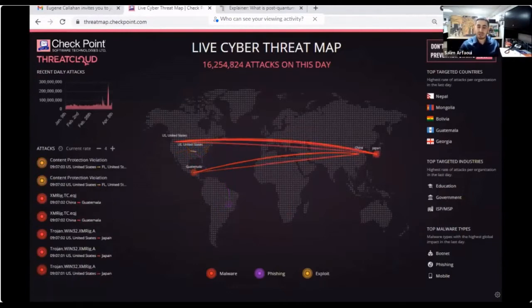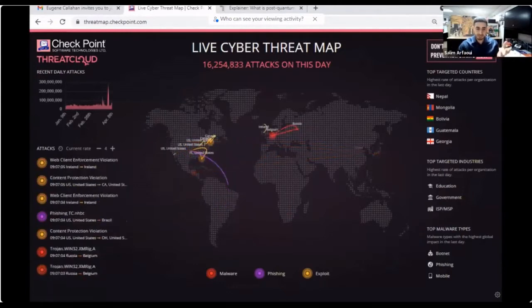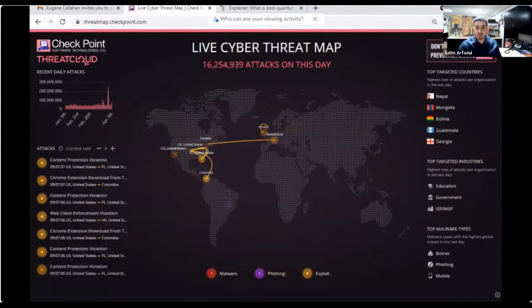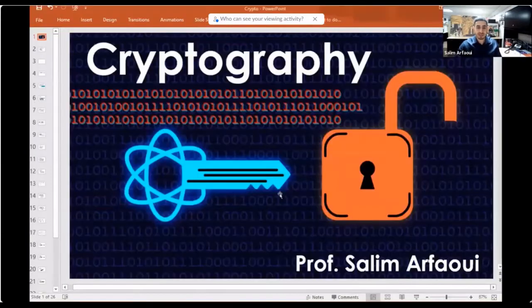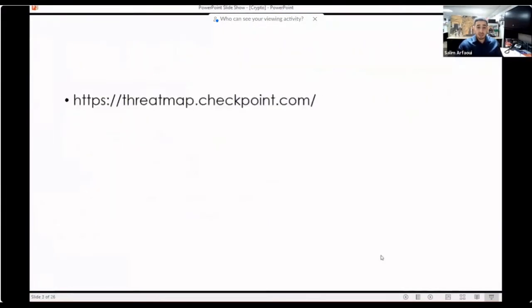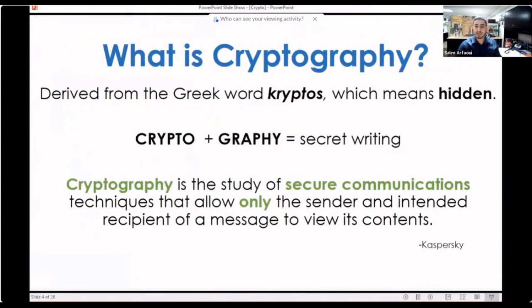And the study of cryptography is what that's for. So going back to our lecture, I provided you with a link if you want to take a look at that threat map later on. But first, let's get started by defining what cryptography is.